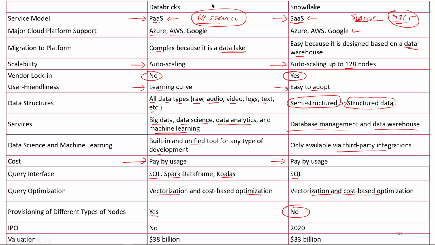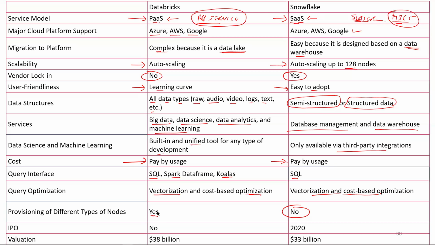Kamal, one question. Provisioning of different types of nodes is yes for Databricks and no for Snowflake. So what is that? Yeah. So here we can have node sizes, when we're talking about a multiple node setup. Because Snowflake is software as a service, it is like a subscription where we have less control on the nodes and all those things.